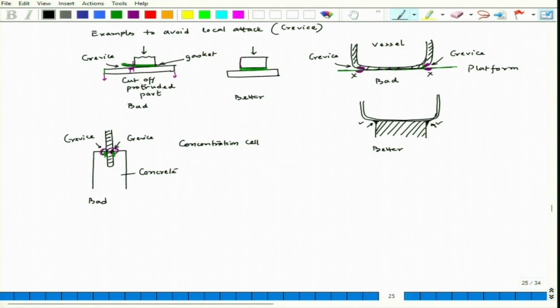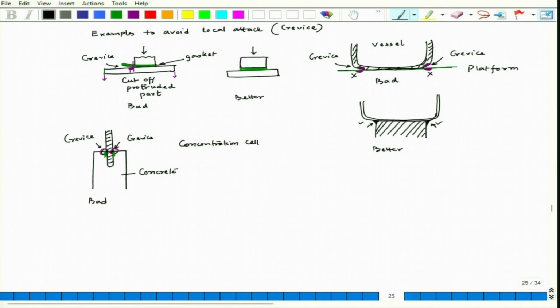That can be stopped if we have cement which has a very high degree of water imperviousness. That means water cannot ingress through that particular concrete mixture, but still the crevice point can lead to attack in the steel component of the rod.